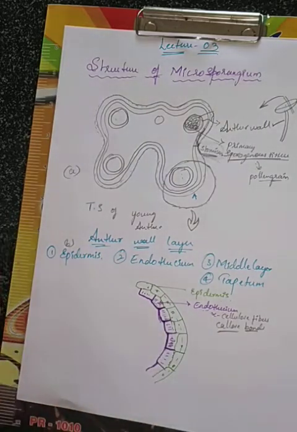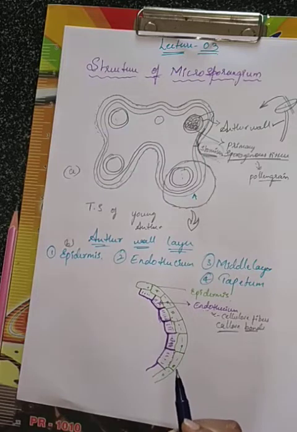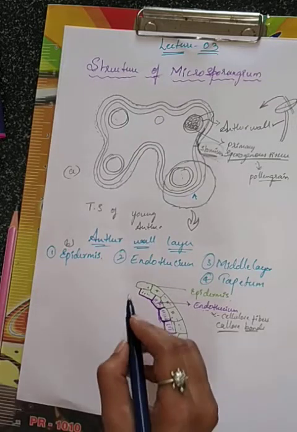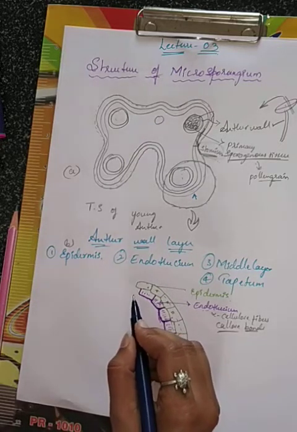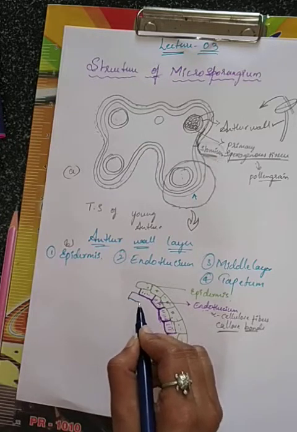Next, after this, there is the presence of 2 to 3 layers of cells which is called the middle layer. The middle layer consists of parenchymatous cells. The middle layers are what, children? Parenchymatous.